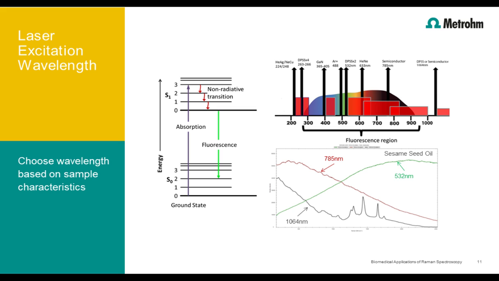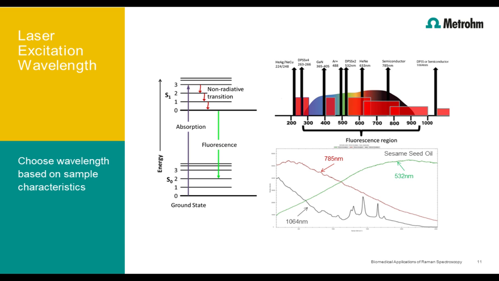For instance, the example that I have is Raman spectra collected from sesame seed oil using 3 different laser excitations. Sesame seed oil is a very dark brown oil, and it's because of that that we see some of the spectra, specifically the ones collected with the 532 nanometer laser and the 785 nanometer laser, basically completely overwhelmed by the fluorescence that's generated.